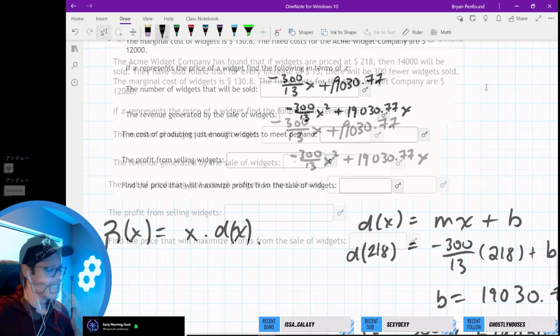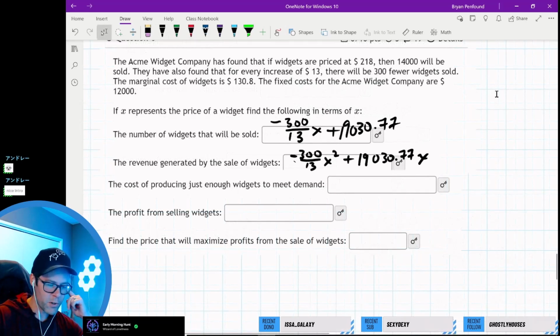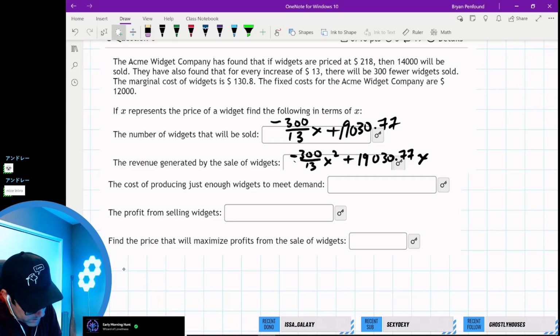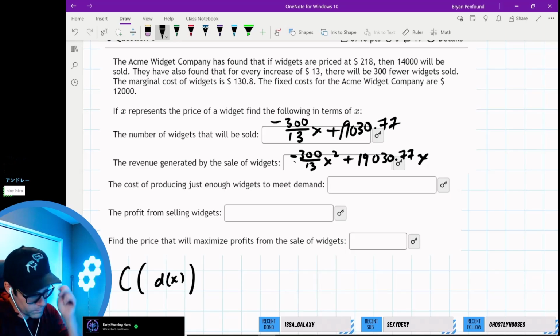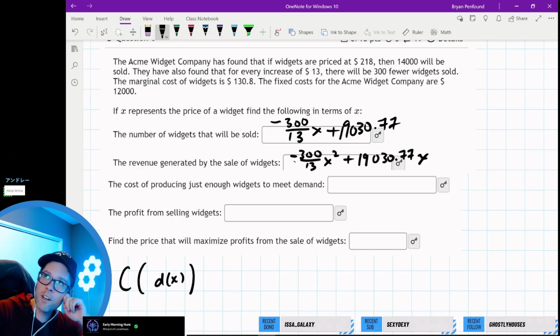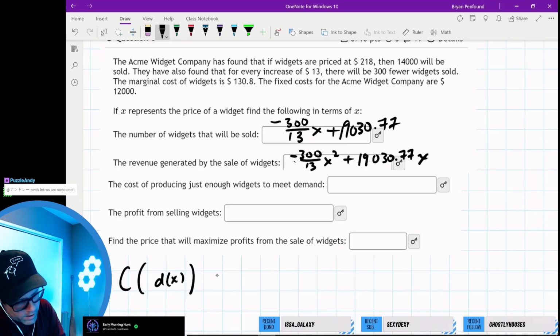Welcome on in. They want us to find the cost of producing just enough widgets to meet the demand. So what they were doing was taking the cost function and inserting the demand. Now, the cost function is variable costs plus fixed costs.